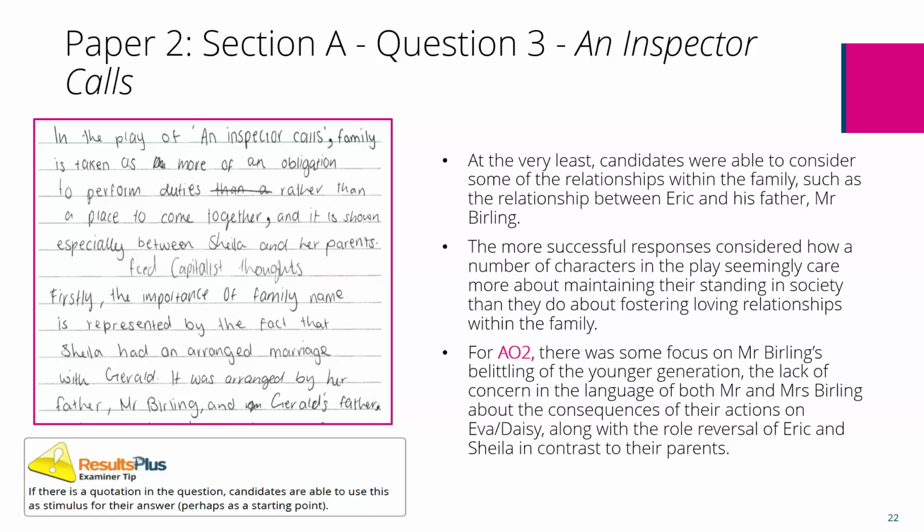So that whole generational thing, the fact that the younger generation change at the end and how their parents treat them at the end, and that obvious thing about Sheila and the way she talks to her mother, mummy at the beginning, and mother at the end. We all know those kind of things that candidates could have talked about for this section of the paper.